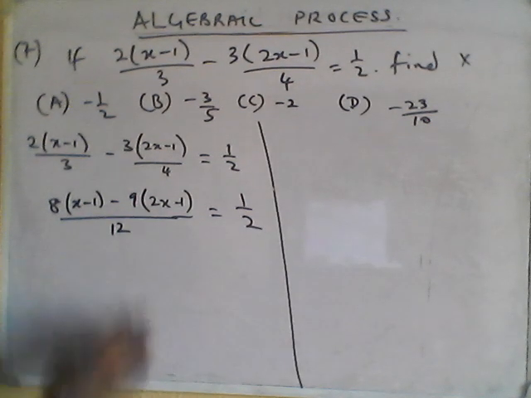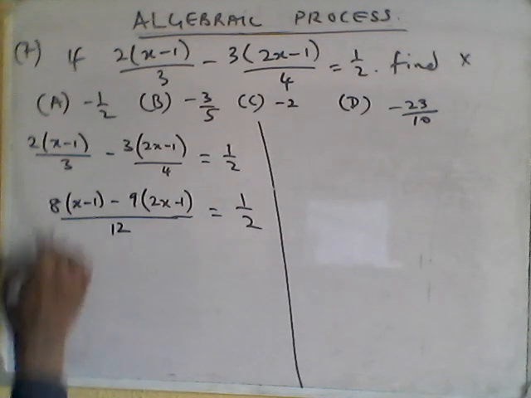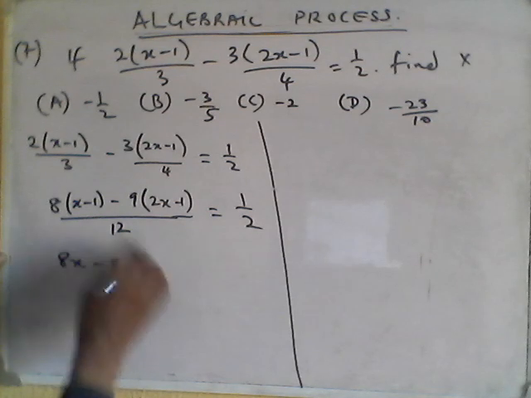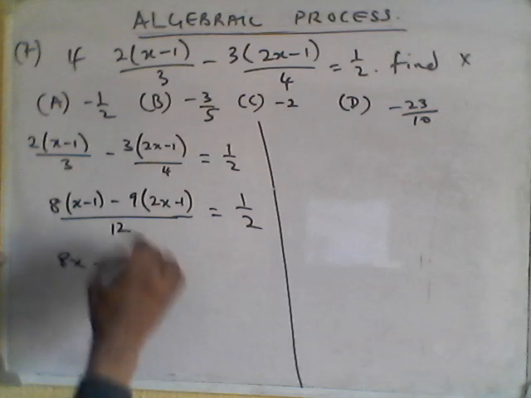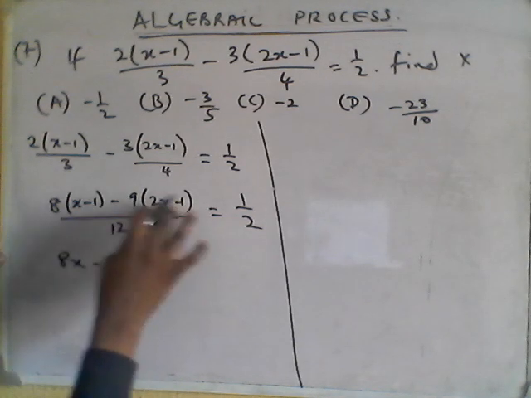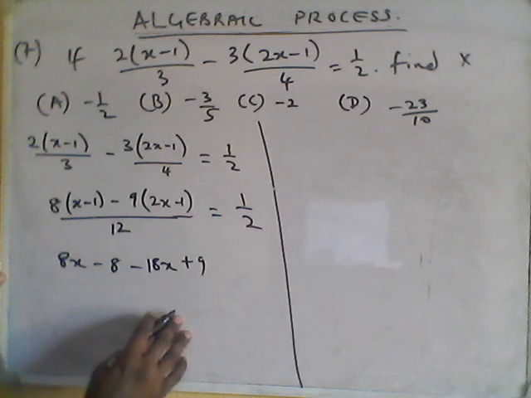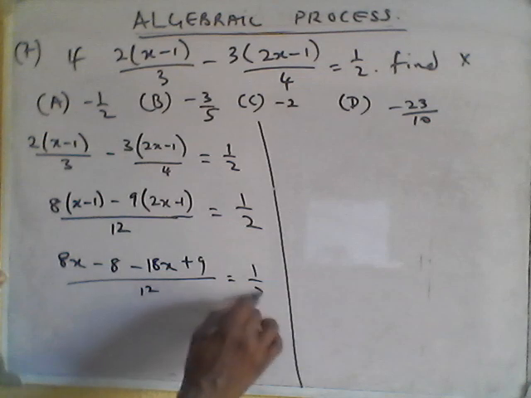Okay, at this point, I can expand the numerator. So expansion means that 8 times x is 8x, minus 8 times 1 is 8, minus 9 times 2x is 18x, then minus 9 times minus 1 is plus 9. All over 12 is equals to 1 over 2.